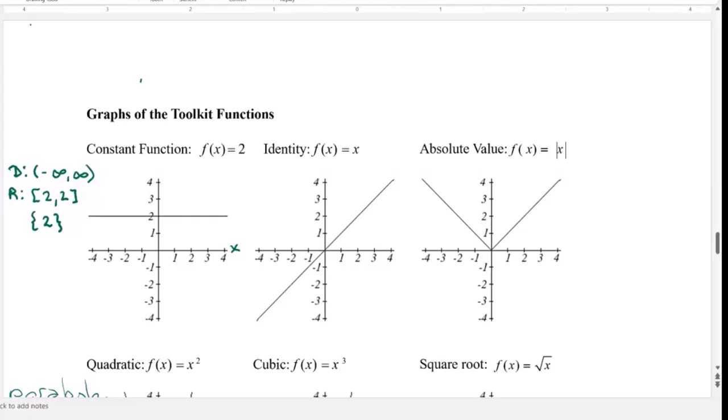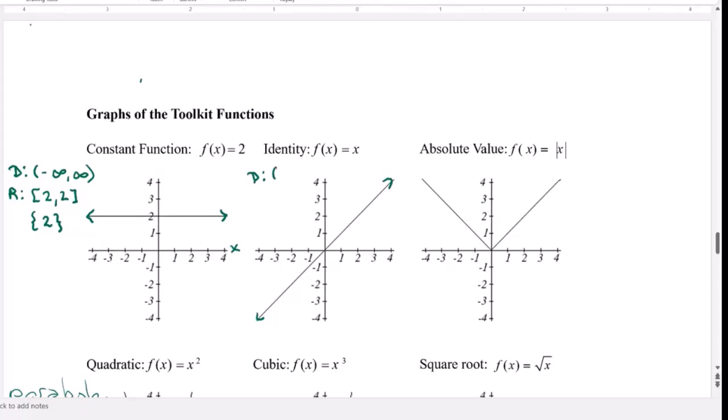Let's look at our identity. My domain, well, it's going to go on indefinitely. Well, let me show you. This is going to go on indefinitely in this direction. This is going on indefinitely in both directions again. There's no problem with any value for x. X can be anything.